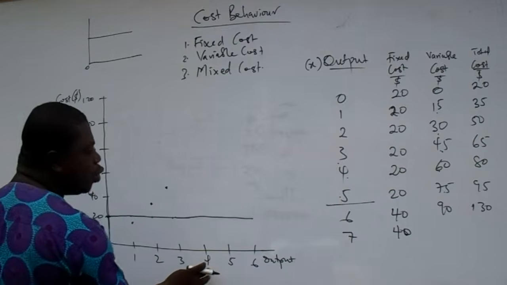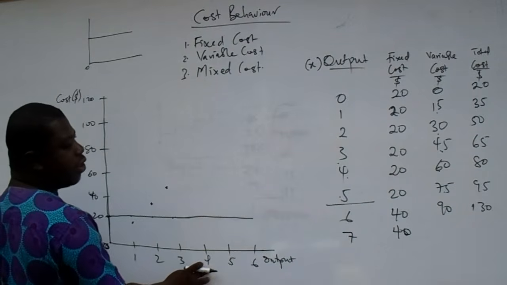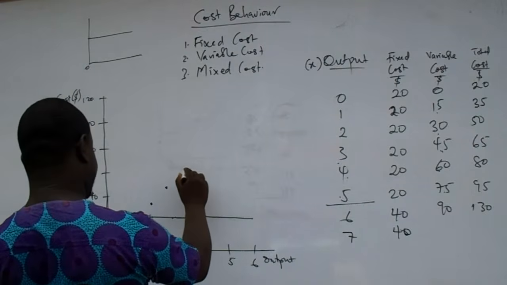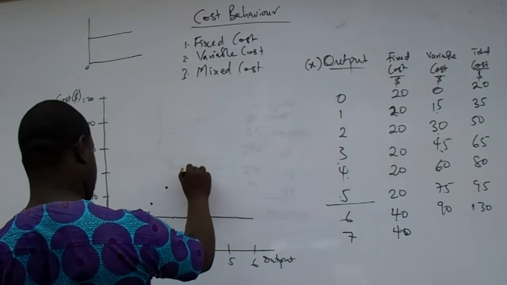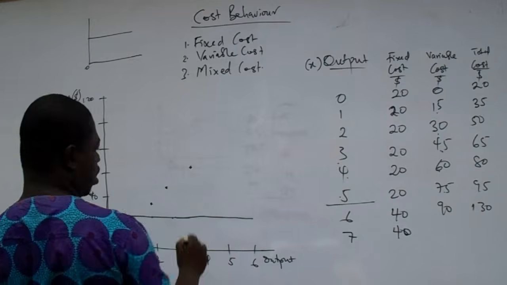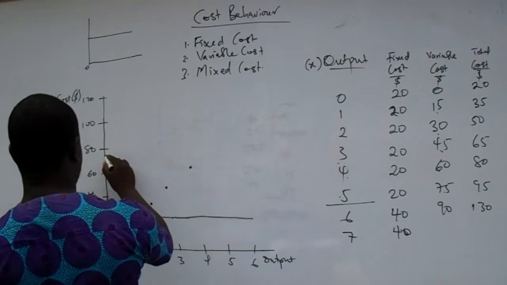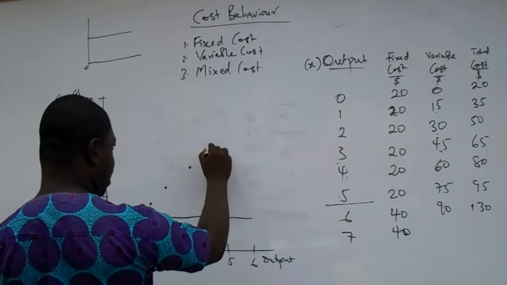And when output was 4 units, variable cost grew up to $60, and so we can trace that as well and plot it here. And finally, when output was 5, variable cost was up to 75, somewhere here.